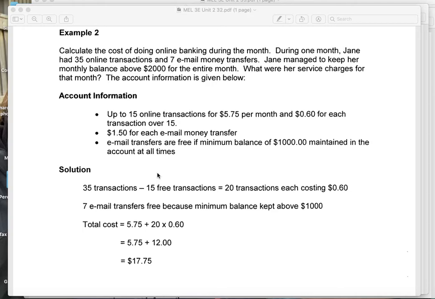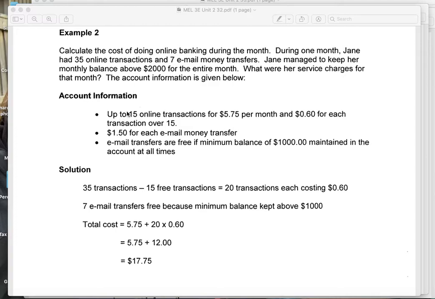It says up to 15 online transactions for $5.75. So we see here right away that she has done 35 online transactions. So up to 15 is $5.75, and then 60 cents for each one over 15.